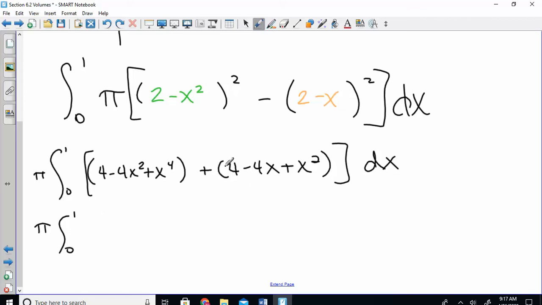If I distribute my negative, my 4's cancel. Negative 4x squared minus x squared will be negative 5x squared, plus x to the 4th, plus 4x.